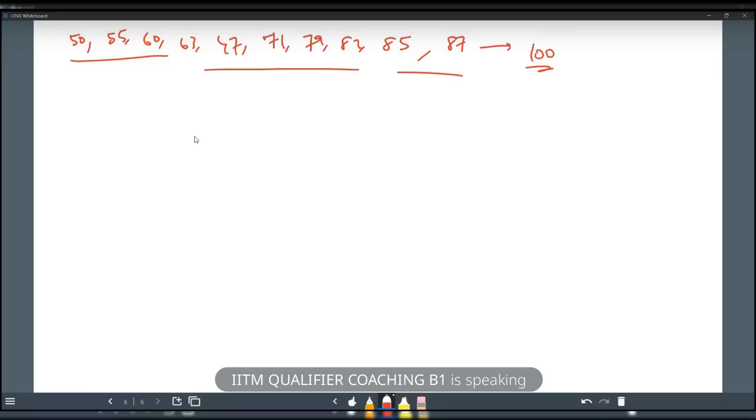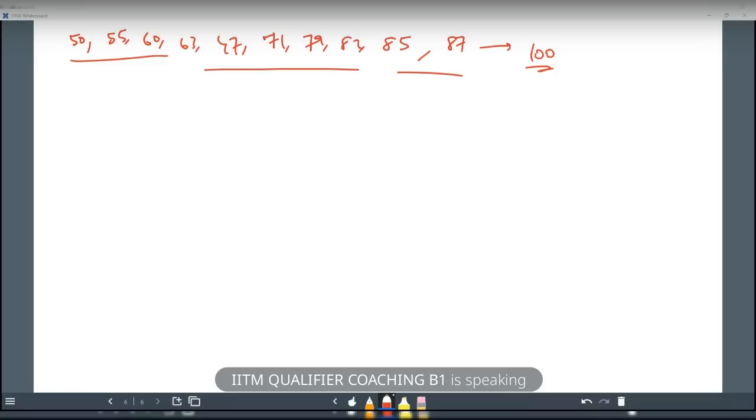Now, how do we find out the maximum marks without developing an algorithm, like we had done earlier using iterations, assigning variables, maintaining counters, or taking the frequency counts into consideration?